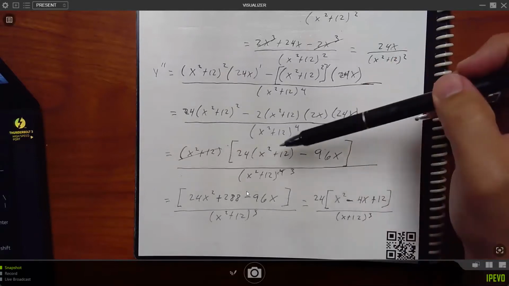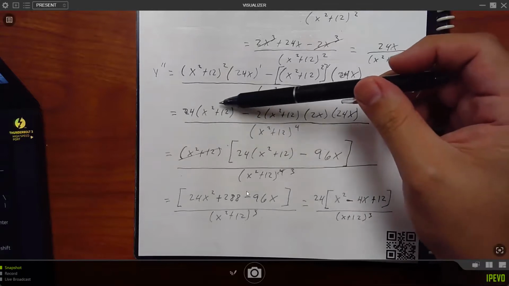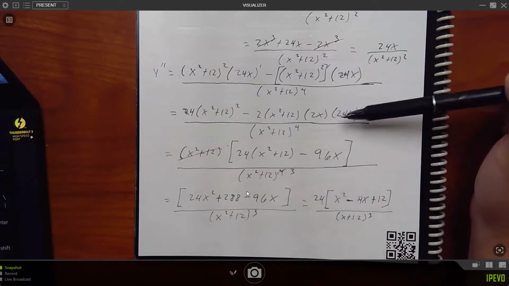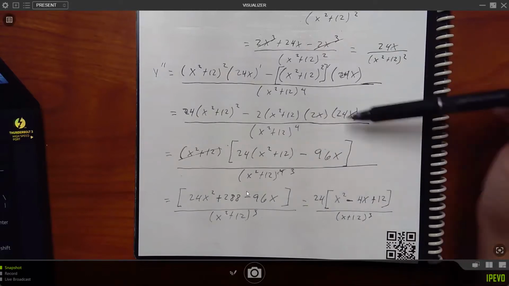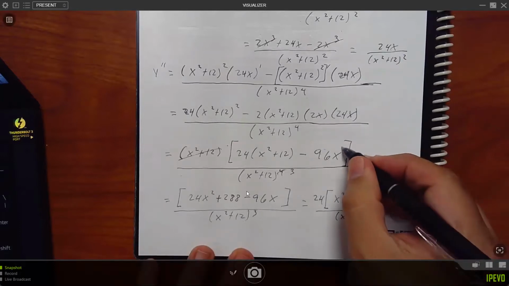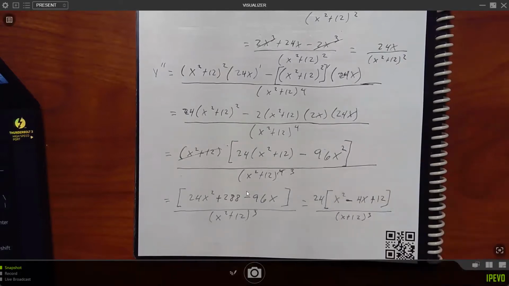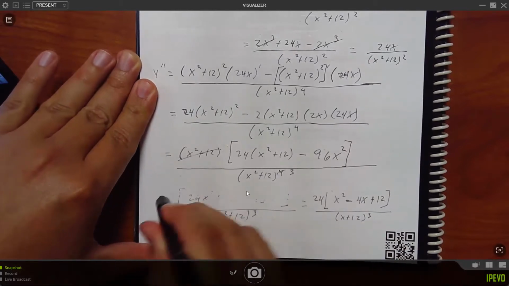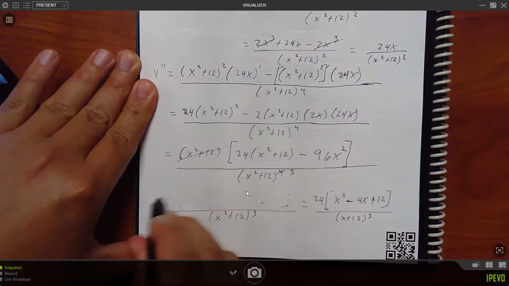I factored this guy out from both terms, leaving me with this and this guy. Oh, there it is. So, the square. Dang it, I'm making some mistakes today. I'm sorry. Second derivative got me twice.